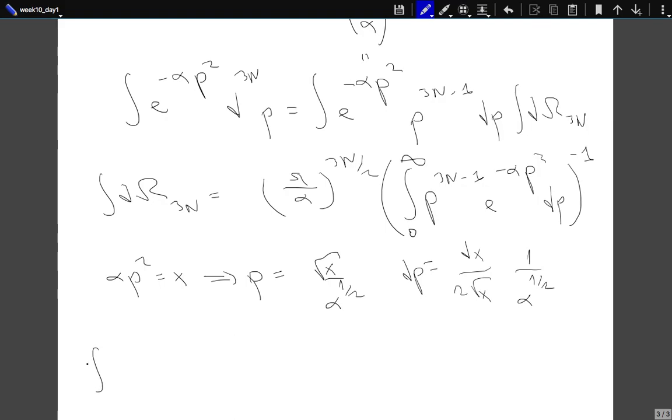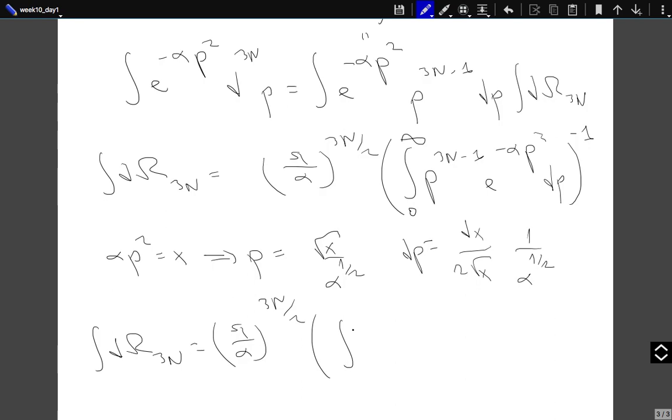So the integral over all the angular coordinates is pi over alpha to the power 3n over 2, times the inverse of the integral of x to the power (3n minus 1)/2, e to the power minus x, dx over 2 square root of x, and 1 over alpha to the power 3n over 2.